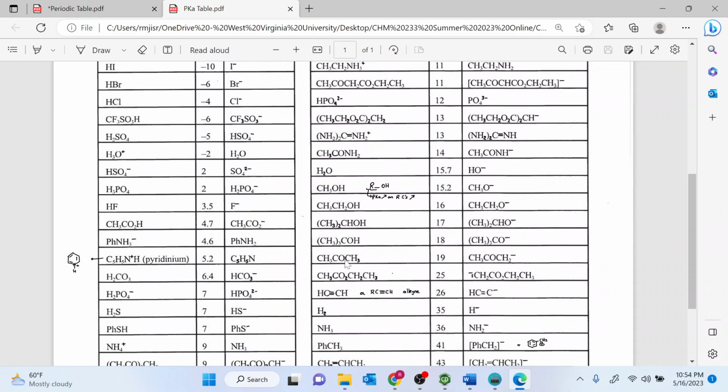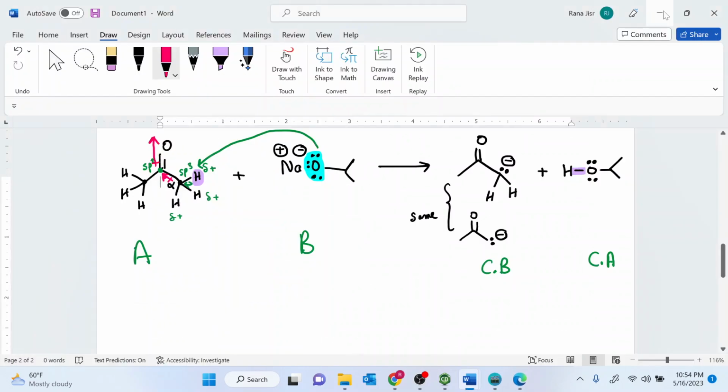So a CH3CO, CH3, this is it. So it's a pKa of 19. This is the condensed form, CO and the CH3. The CO is a carbonyl. So the CO is basically the CO over here. So the pKa for this one is equal to 19.